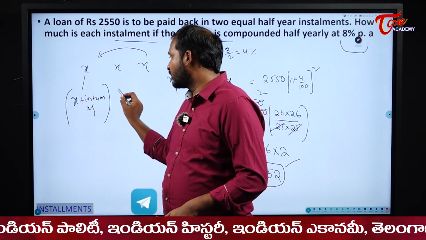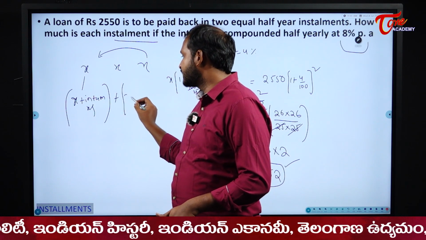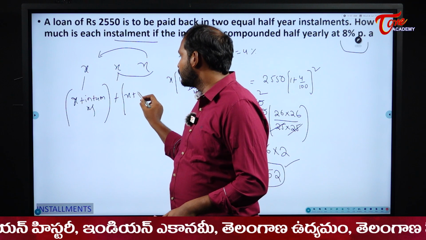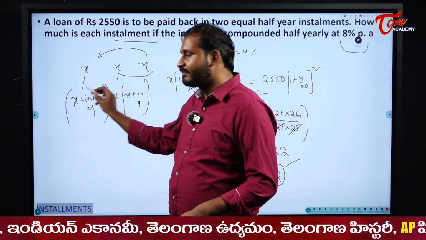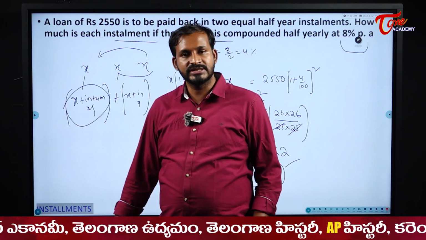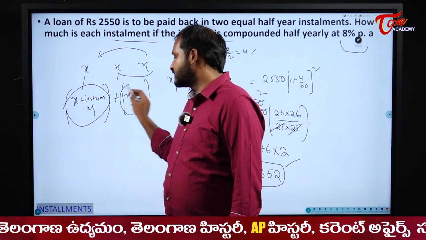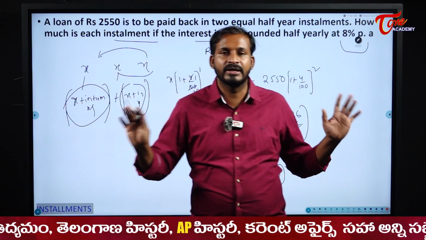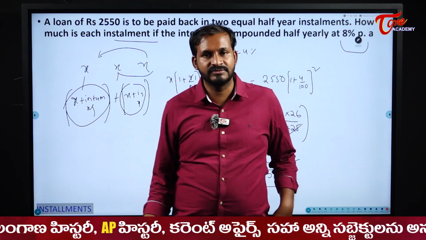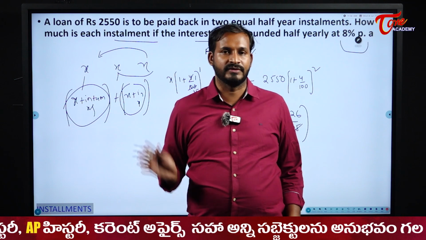This is the installment logic. So this installment x means x plus, paying it before 1 year, interest on x for 1 year. If it is simple interest, take the simple interest amount. If it is compound interest, take the compound interest amount. That's it. The installment concept remains the same. For simple interest, we have a shortcut, but for compound interest, we will solve it.